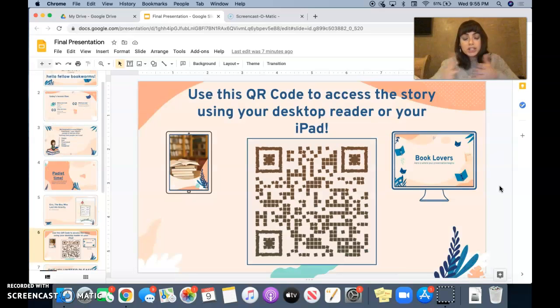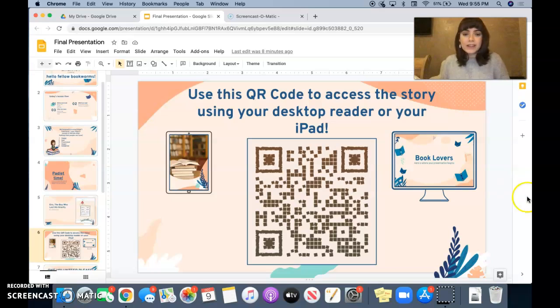Then students will use this QR code to access the story using their desktop reader or their iPads. So students either have laptops or iPads provided to them by the school, but no worries, if they're using a laptop, they can still access the QR code using a QR reader or their iPad.